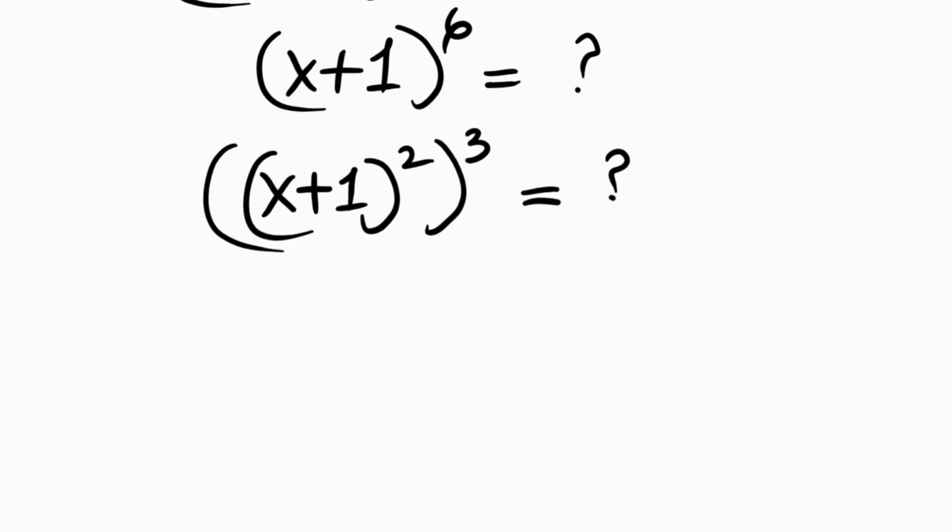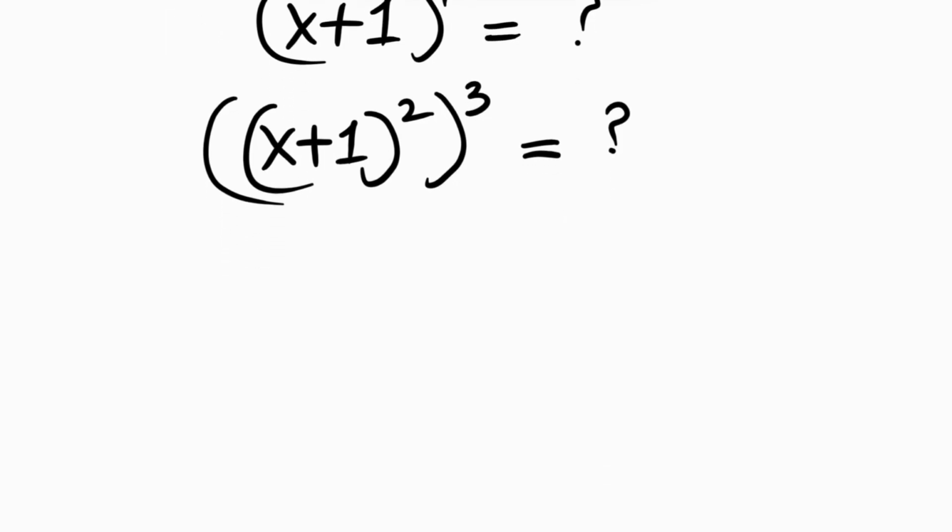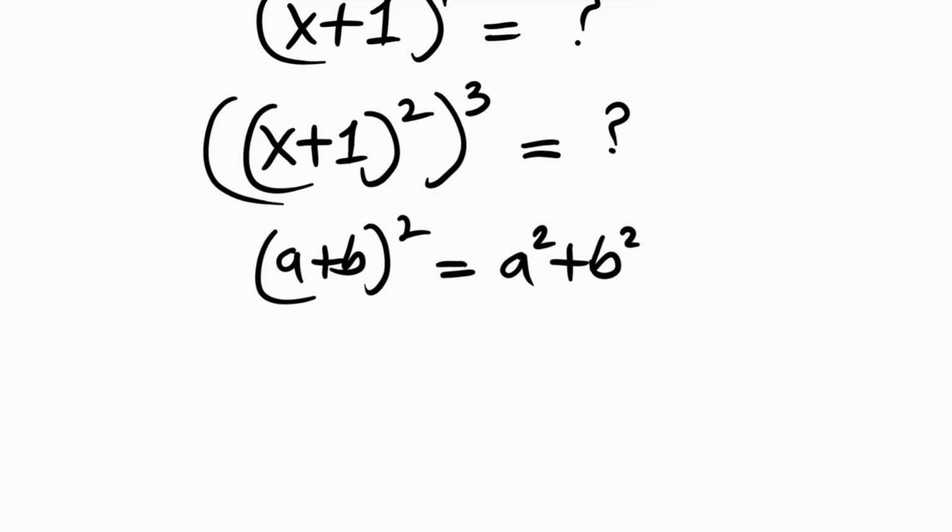Okay, so x plus 1 squared can be in the form of (a plus b) squared. And (a plus b) squared is the same thing as a squared plus b squared plus 2ab.